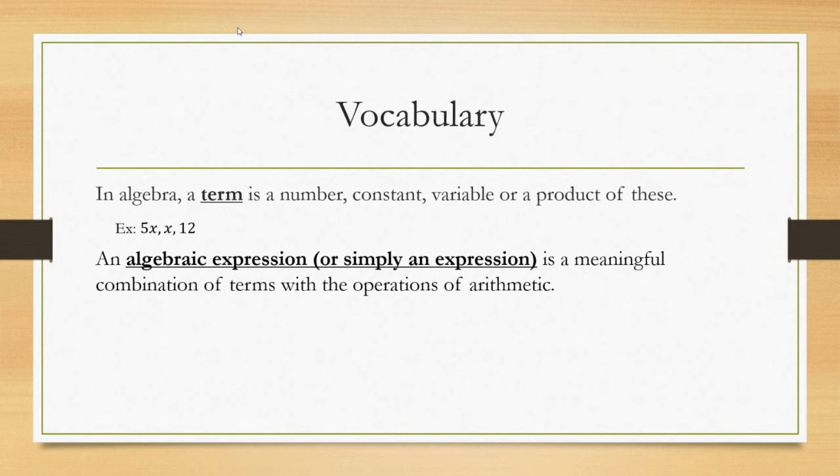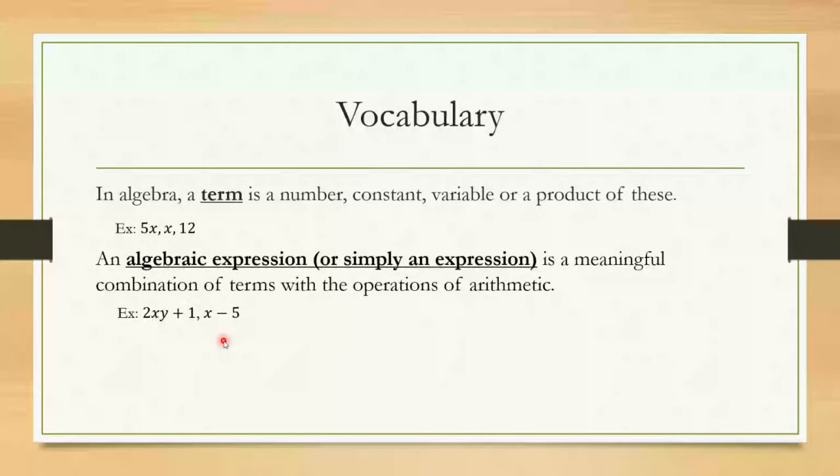In other words, when we combine them, we use operations like addition, subtraction, multiplication, division, that kind of thing. Here are just some examples. A single term alone is actually an expression. But here are some others. You can add or subtract them, you can form expressions pretty easily.